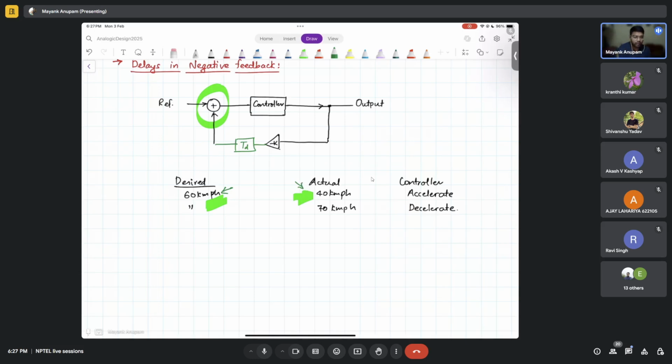High loop gain means you are very aggressive. You will instantaneously accelerate at the maximum possible acceleration that the bike can support.